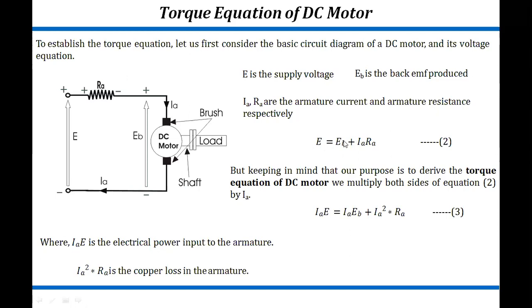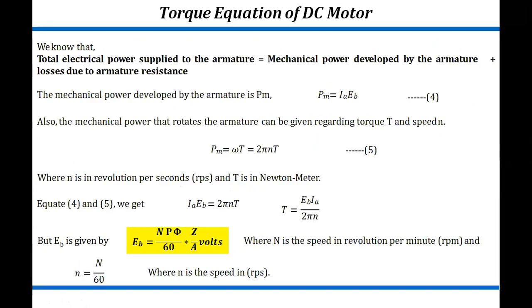If you convert that equation in the form of Eb, it becomes Eb = V - Ia Ra. These equations will be needed to solve the numericals.